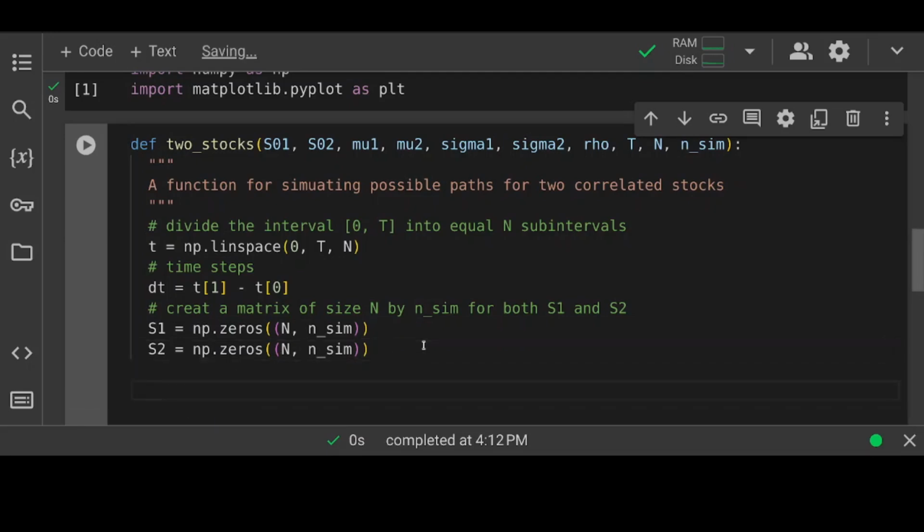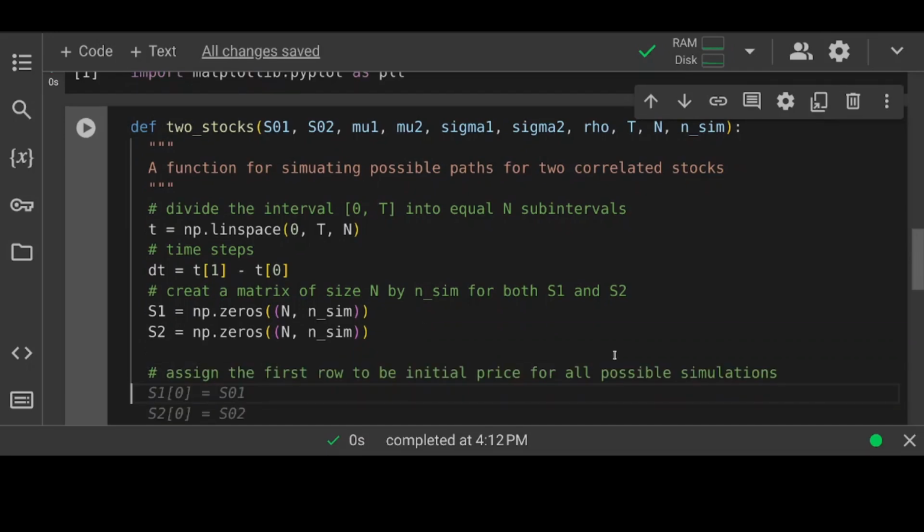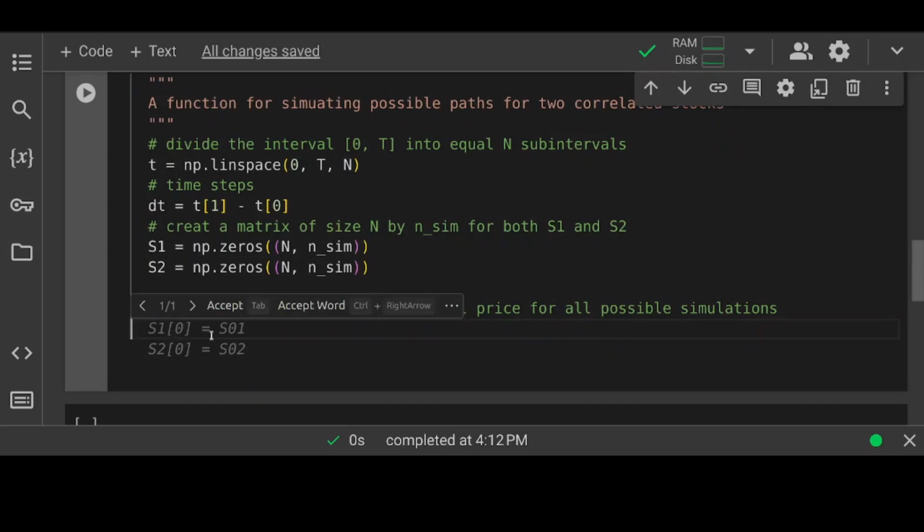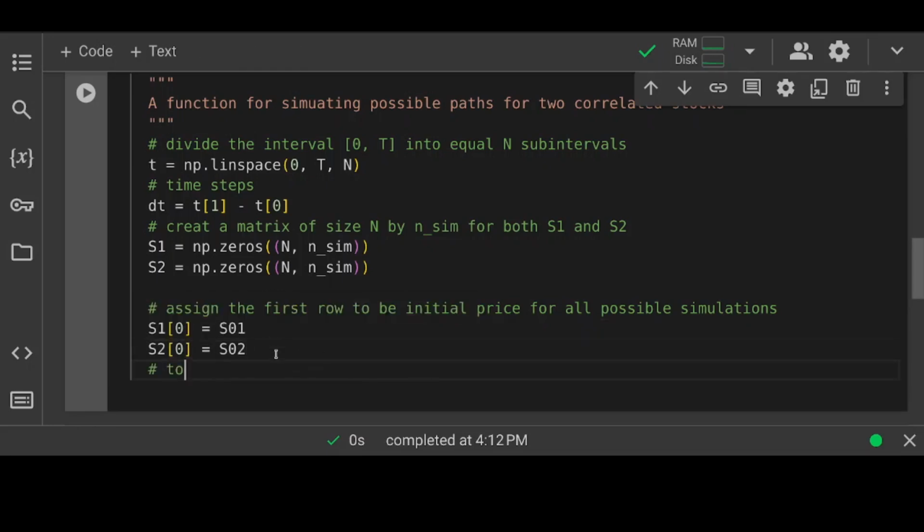Then the next step: assign the first row to be the initial price for all simulations. That means S1 at 0 is equal to S01, and likewise for S2.